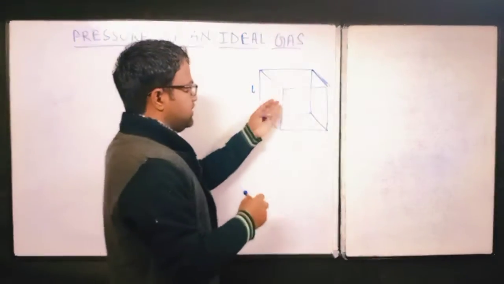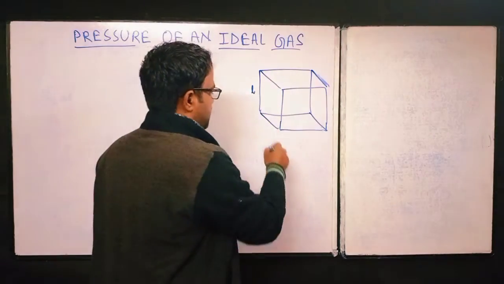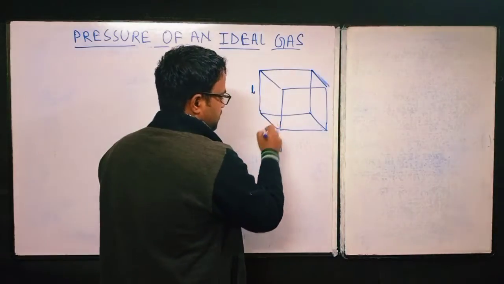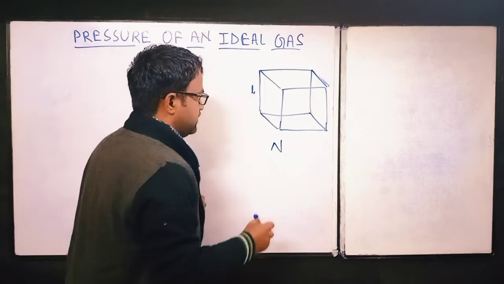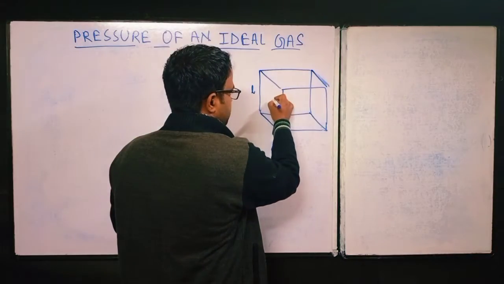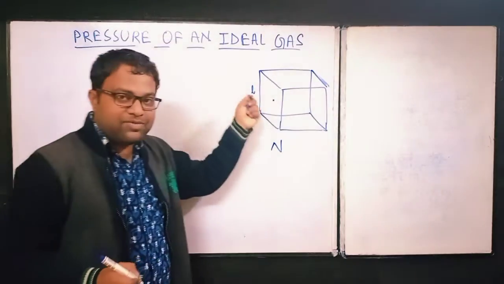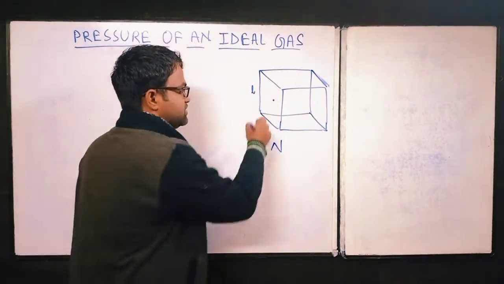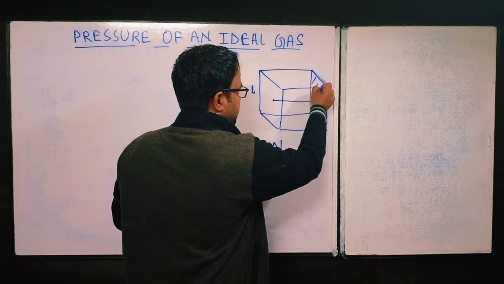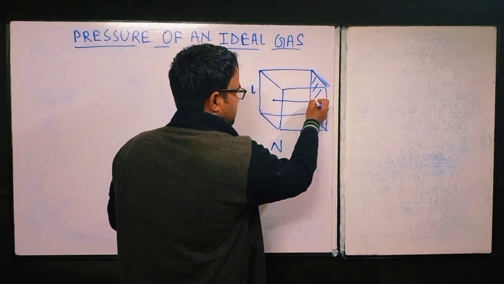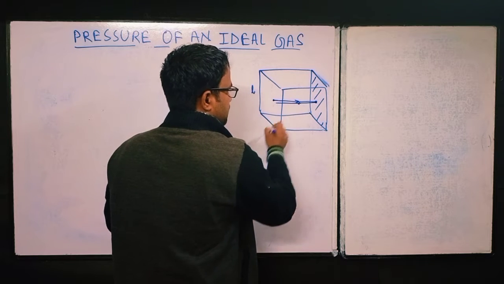So let's say there are n moles of gas inside this box, and the total number of molecules present is capital N, right? First we'll consider one molecule which is traveling in, let's say, the x direction, will come and hit this shaded wall, and after striking it will go back like this, right?